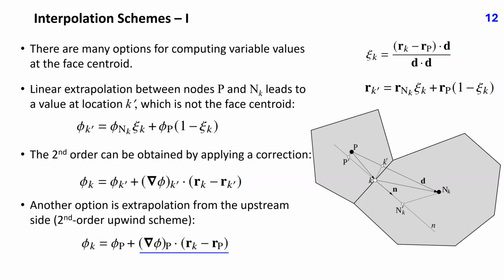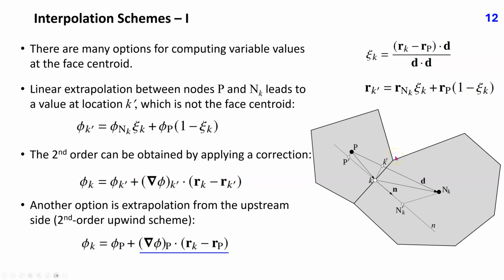Variable values at face centroid must be expressed via nodal values at cell centers by means of a suitable interpolation. There are many options for computing variable values at the face centroid. Linear interpolation between nodes P and Nk leads to the value at location K prime, which is not the face centroid.